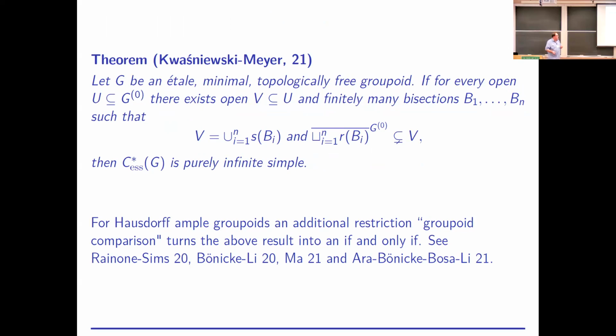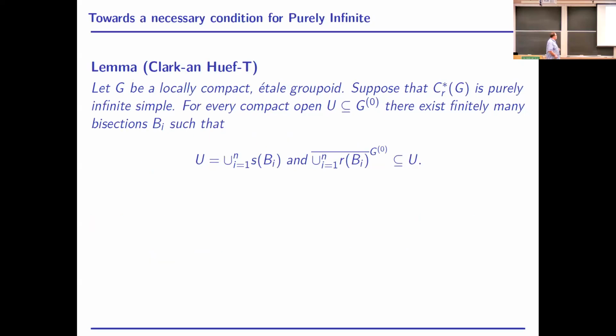So we have a sufficient condition. It's not known what a necessary condition would look like, but given the consistency of what these results look like, it seems like something that looks like this is on the right track. So I just included this lemma.